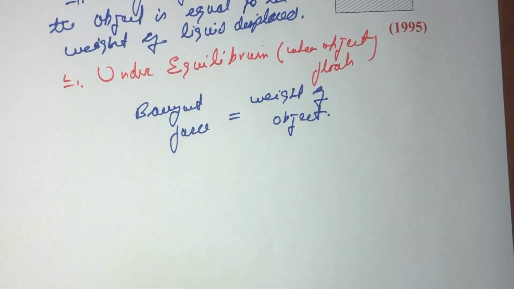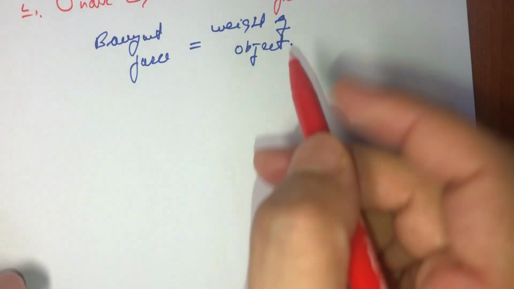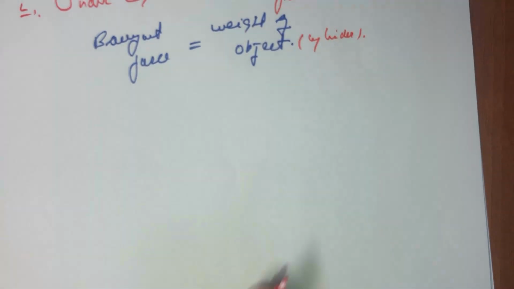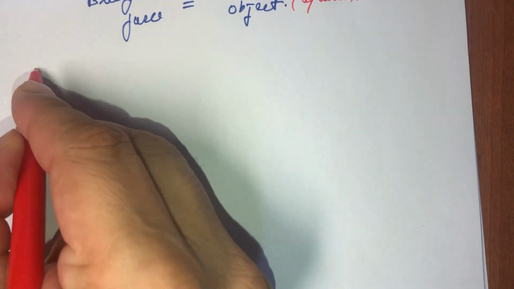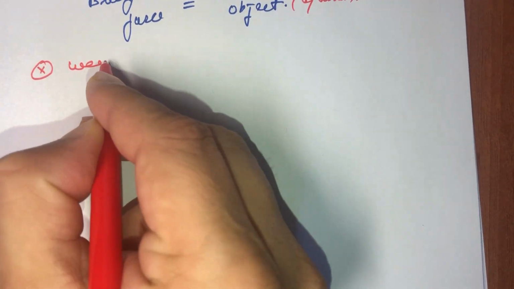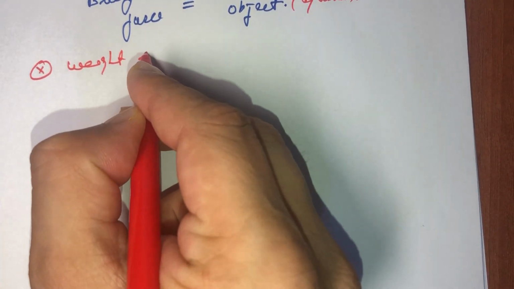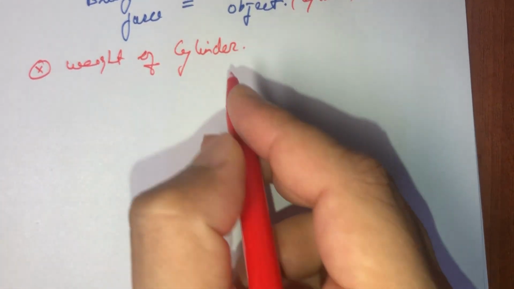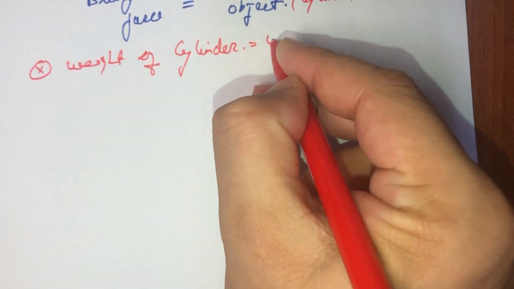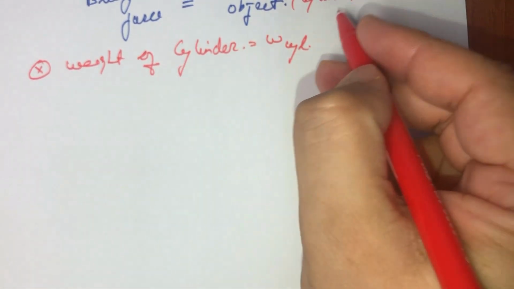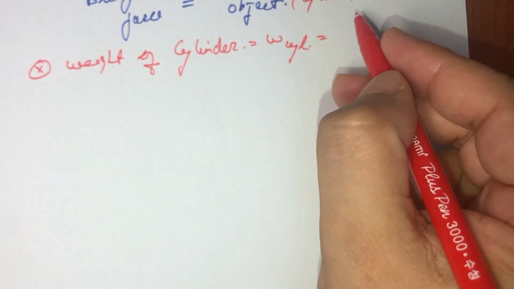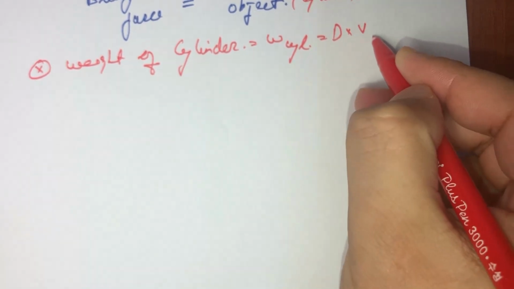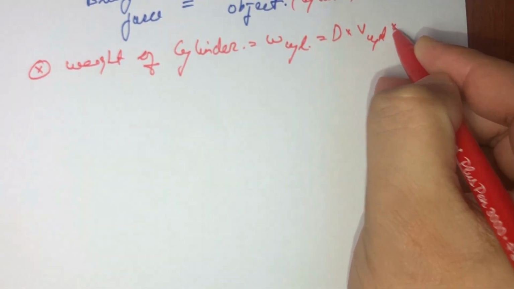So let's find out the weight of the cylinder. The object is nothing but the cylinder. Weight of the cylinder, let us say W_C, will be equal to the density of the cylinder, given as capital D, times the volume of the cylinder, multiplied by g.